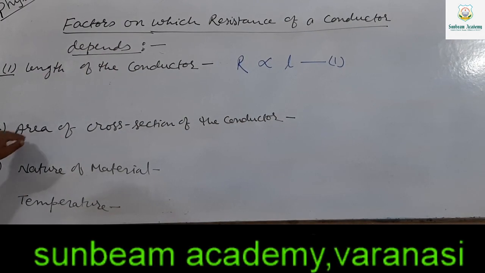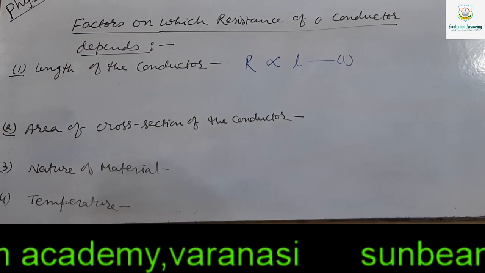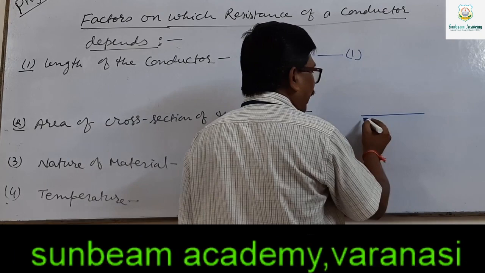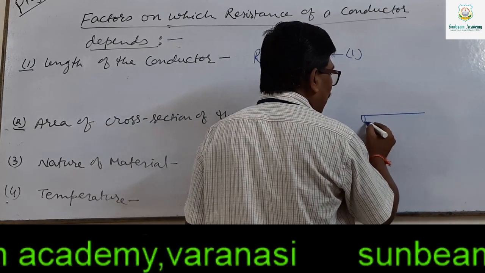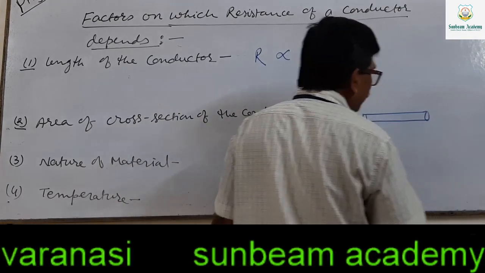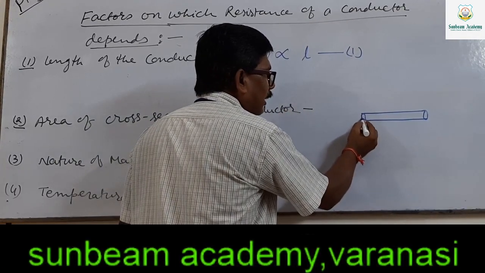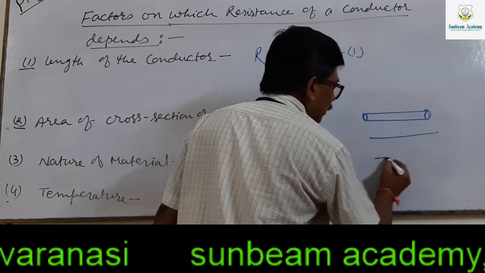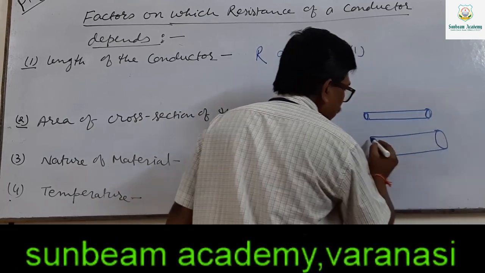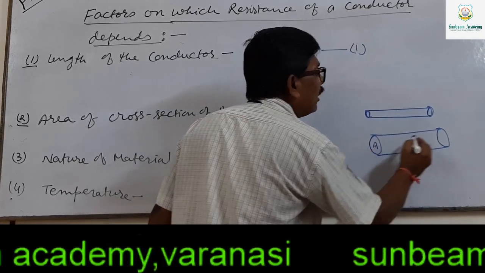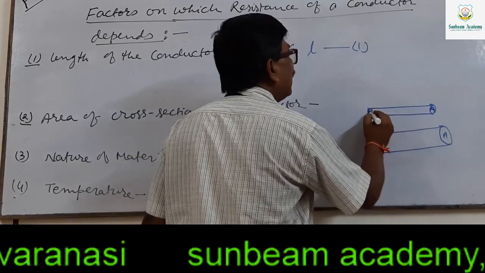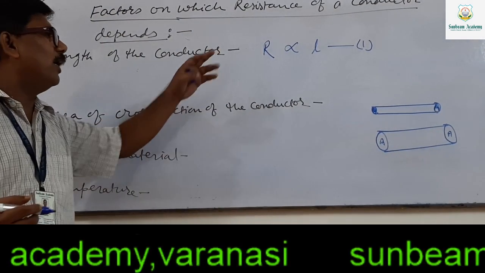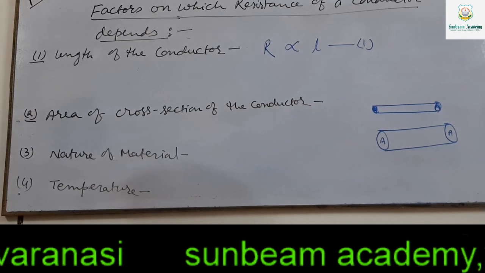Now the second is area of cross section of the conductor. First you should know what is area of cross section. आप कोई भी तार देखे होंगे, वायर कंडक्टर, that all are in a cylindrical form. That cylindrical form has this area of cross section. बड़ा बना दे थोड़ा सा, ये देखिए, this area is called area of cross section. So how does this area of cross section affect the resistance of the conductor?